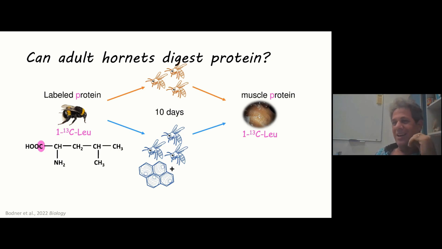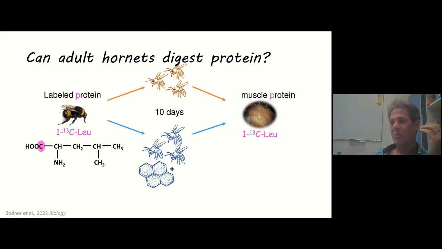We also challenged the common knowledge that I told you about, the ability of hornets to break protein, by rearing labeled protein. We fed bumblebees with leucine labeled on carbon number 1. Any modification of the leucine will throw away the labeled carbon.